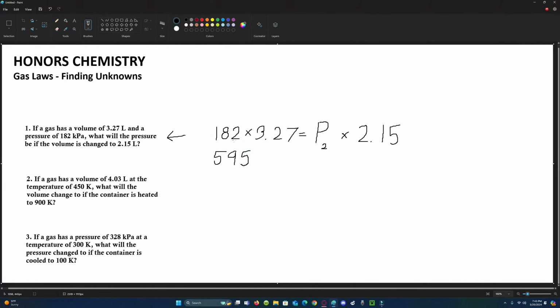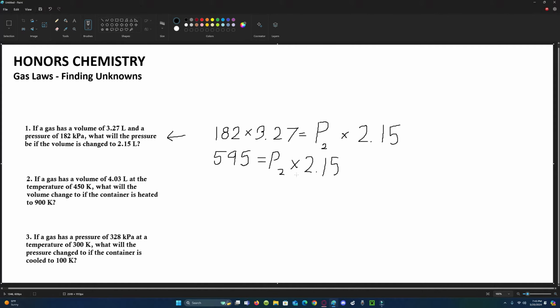And keep in mind, we have to keep the same number of sig figs. These have 3 sig figs, and this has 3 sig figs. Originally, when put into a calculator, the answer is longer, but we have to keep 3 sig figs, which we can achieve by just putting this number. So then we get 595 equals P2 times 2.15.